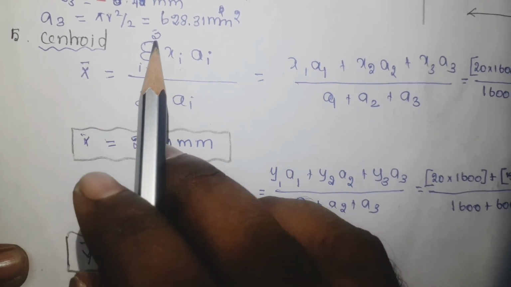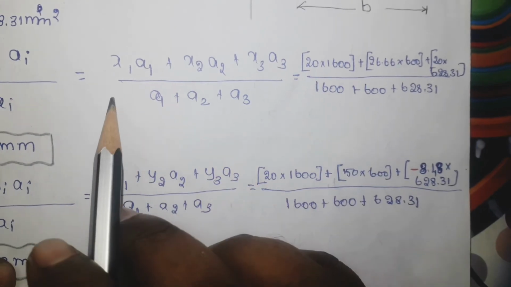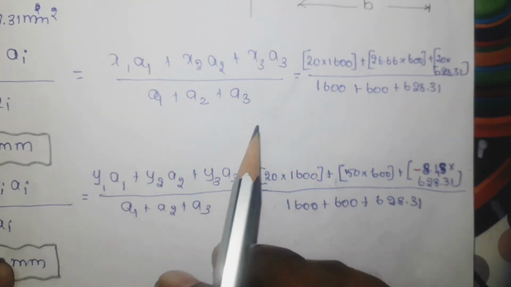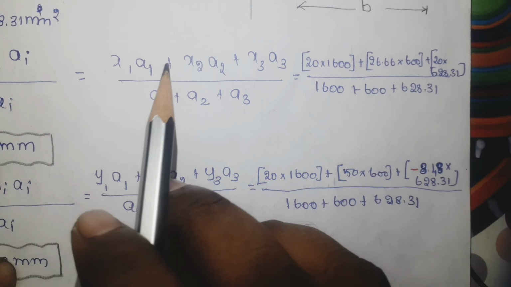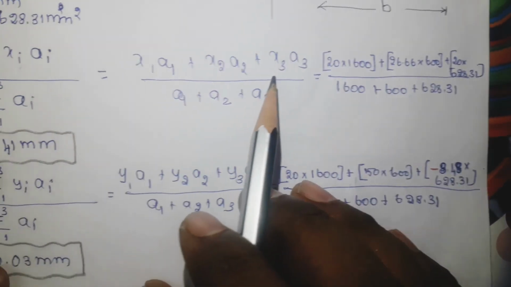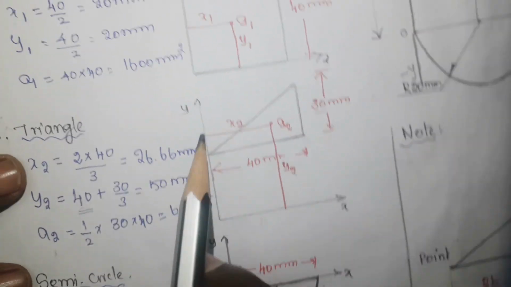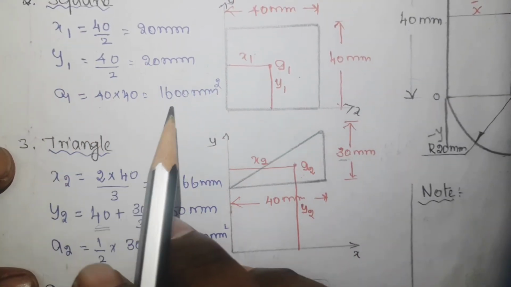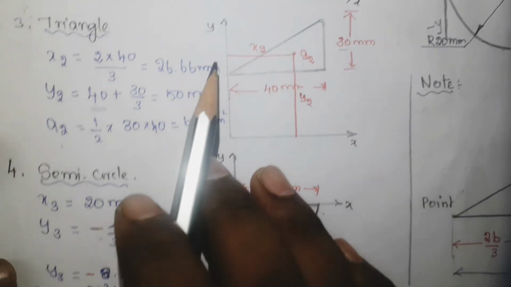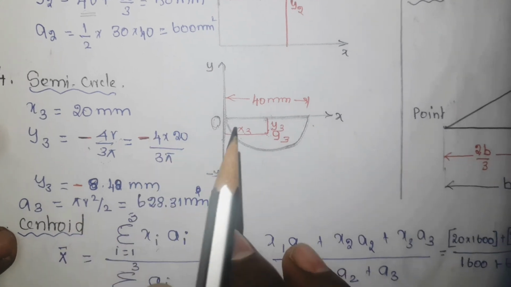Now the last step, the third step, is the centroid. In the place of n substitute 3. When you expand the formula, you get an equation like this: x1 a1 plus x2 a2 plus x3 a3. Substitute the corresponding values from here: x1 equal to 20, a1 equal to 1600, and x2 equal to 26.66 mm, a2 equal to 600 mm square.